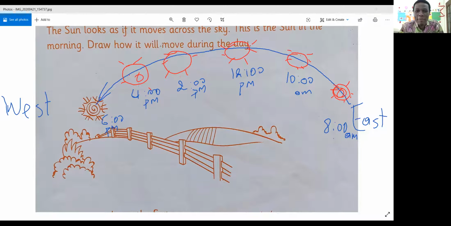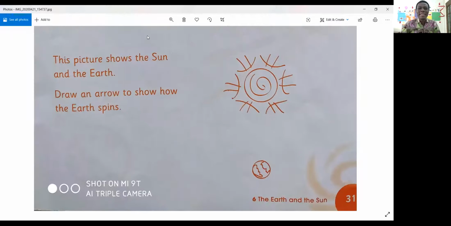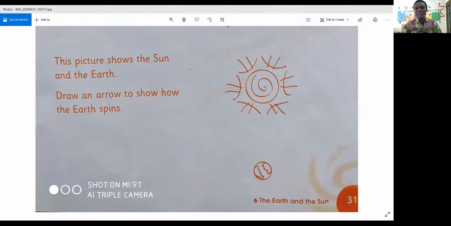Now let's move down. I will clean all these to be able to move down. Sorry. Here we go. Yes. Now look here. There is a small question they ask us. The picture shows the sun and the earth.